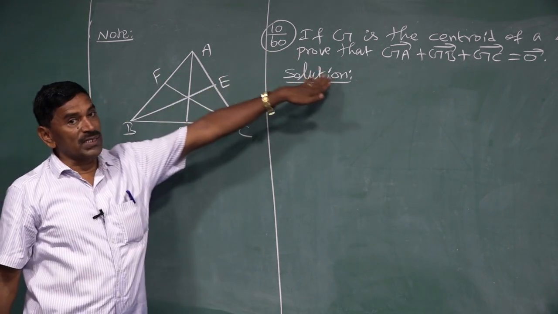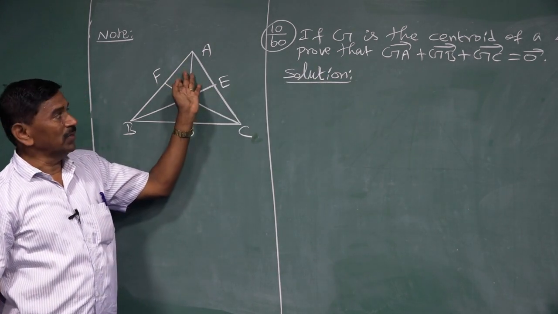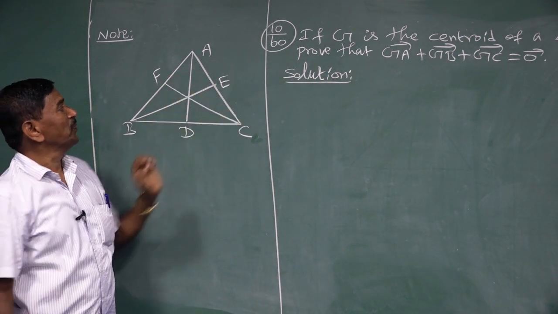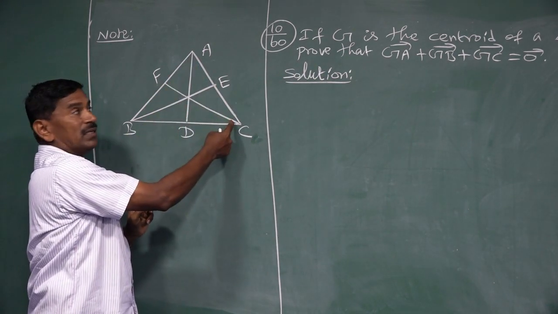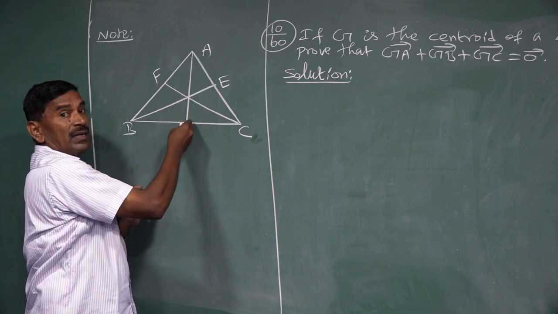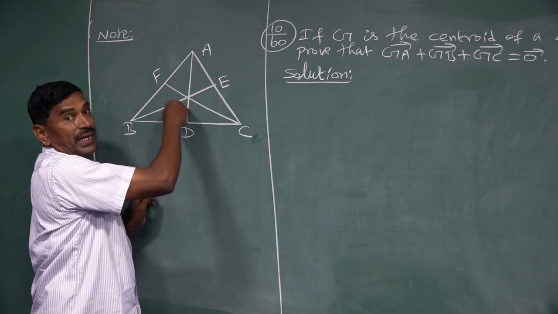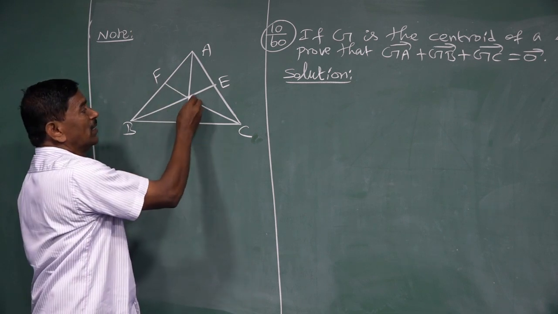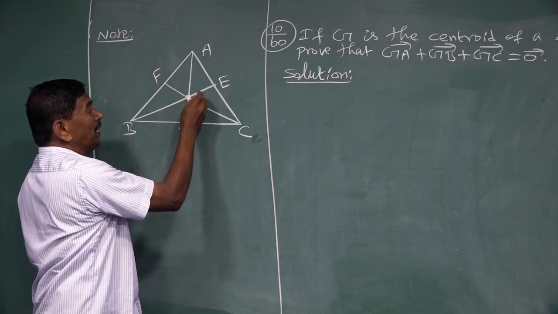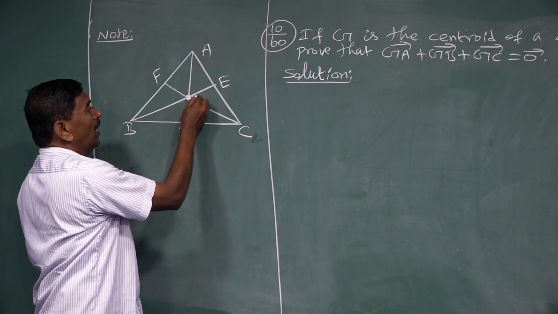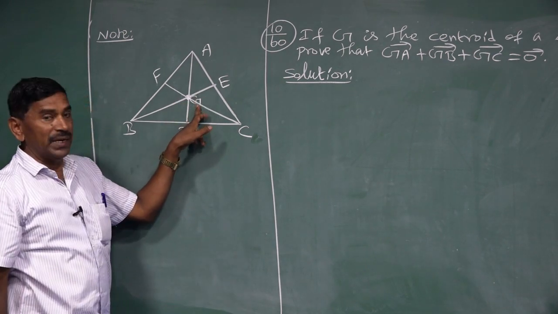It is a concept for the next question. In triangle ABC, let AD, BE, CF be the medians. Let the medians meet in the point G. Let G be the meeting point of the medians.